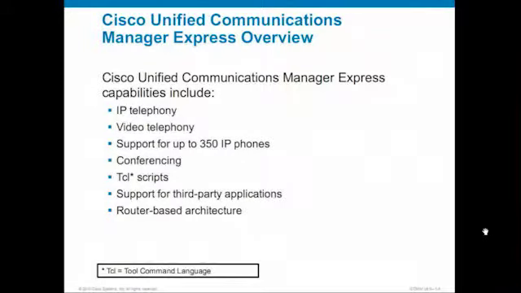Supports up to 350 IP phones, and this is dependent on the platform. We're going to see in a second that the Integrated Services Router Generation 2 3945 is the one that supports 350 IP phones. Supports conferencing, and in a traditional PBX-based environment, this conferencing was done through a central hub, but it's not like that in an IP network.